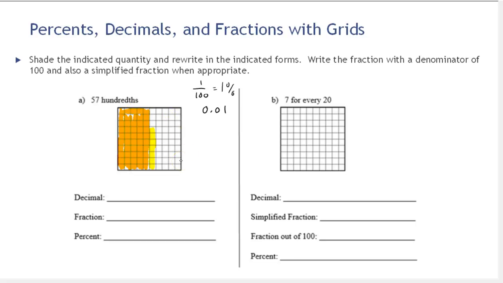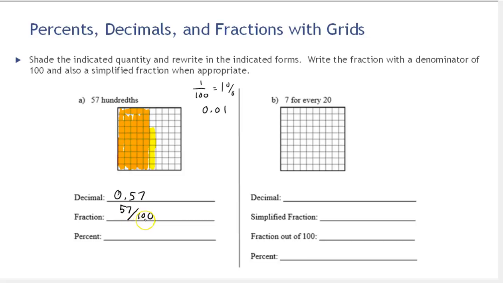Okay. So right now, if this is our unit, this is 1. It's broken into 100 pieces. This represents 57 hundredths. As a decimal, we write this as 0.57, 5 tenths and 7 hundredths. As a fraction, we can write this as 57 over 100.